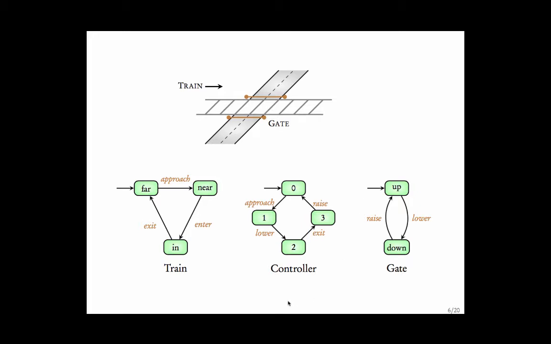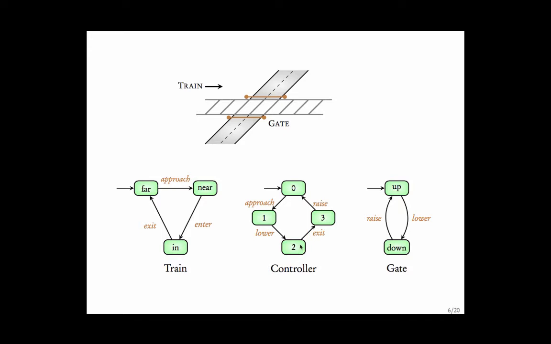What about the controller? So these are some discrete states of the controller. When the controller listens to this approach signal of the train, it will go to some state called 1. Now in this state, it will start lowering the gate. It will send the signal lower to the gate.